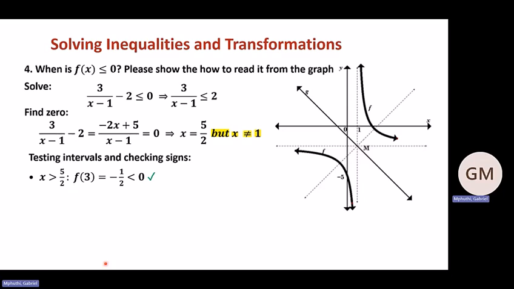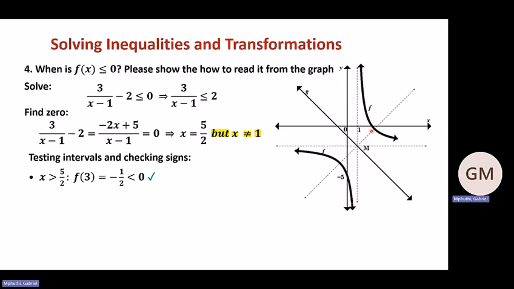So any value that is greater than 2.5, like 2.6 or 3, we substitute it in our function to see what the sign of our function value will be when we substitute this x value.